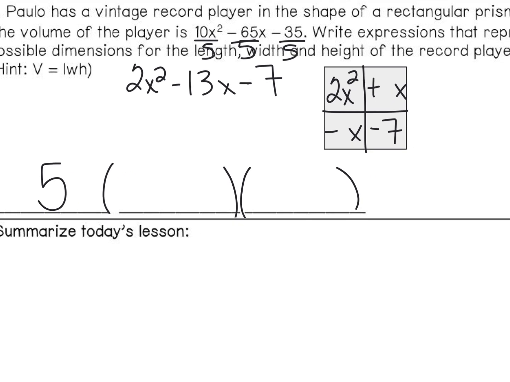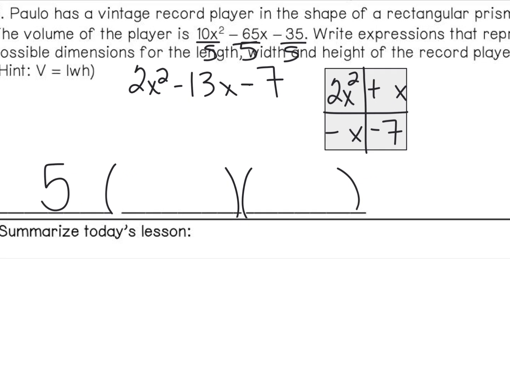We've got our signs. Now what? A times C. Don't worry about the negative. We're just looking at numbers right now. So 2 times 7 is 14. So 1 and 14. 2 and 7. Do we have any others? No. Okay. So we need it to equal a negative 13.